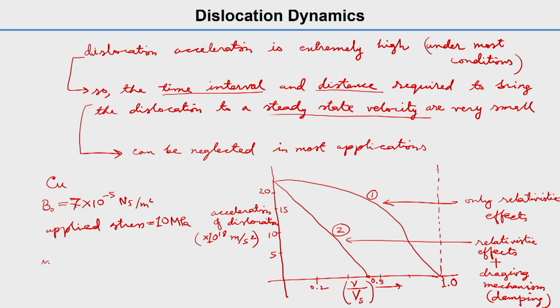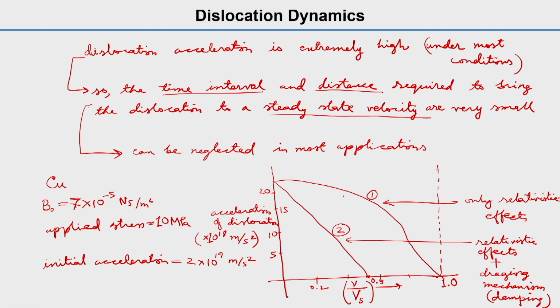The initial acceleration you can see is very high. From the plot it is almost 2 times 10 to the power 19 meter per second square, a very high value. We'll go to the next slide and show you both the curves.